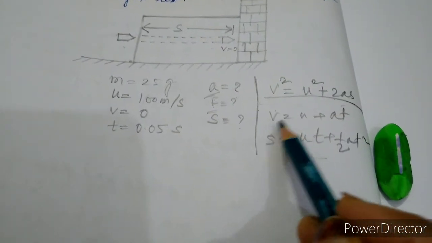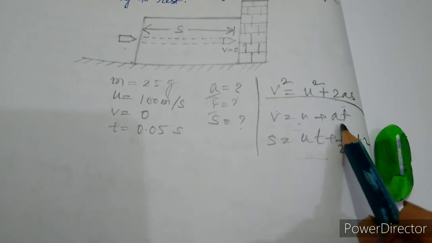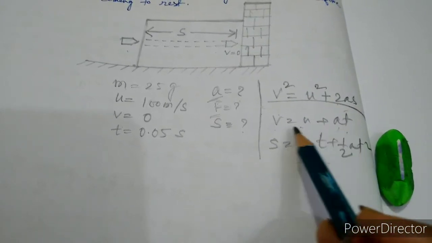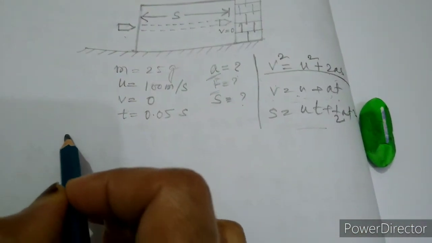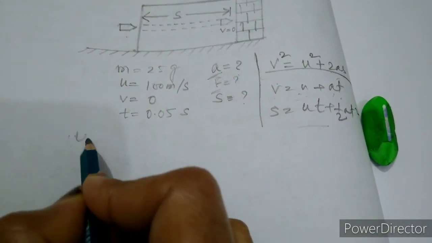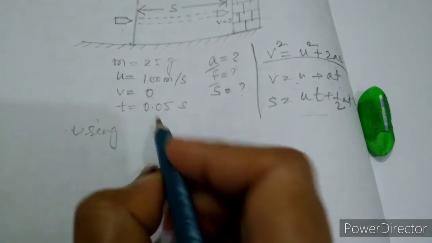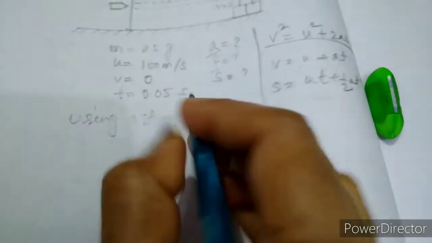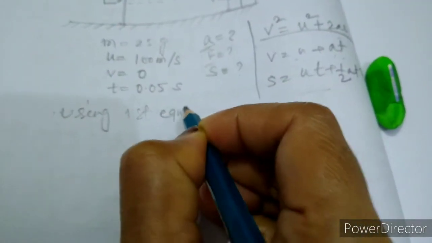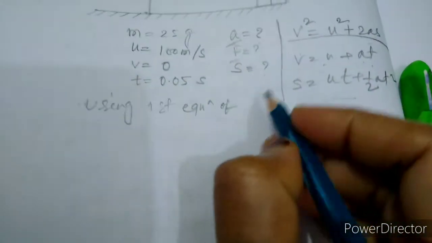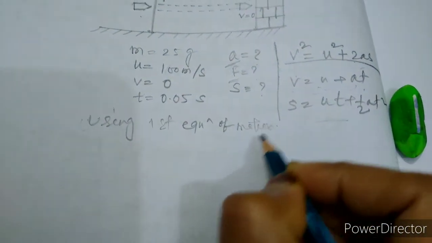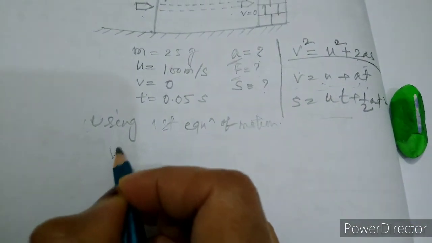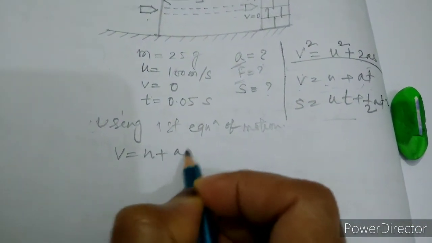Second, in this formula v and u you have, t also you have. So you can find out a from this one. So you can use this first equation of motion. You will write v is equal to u plus at.